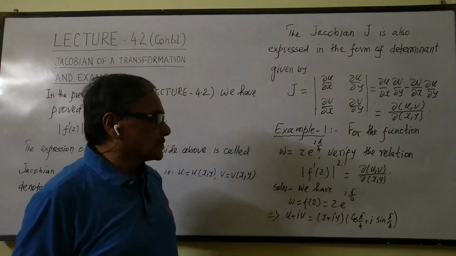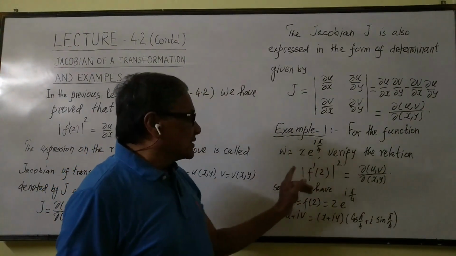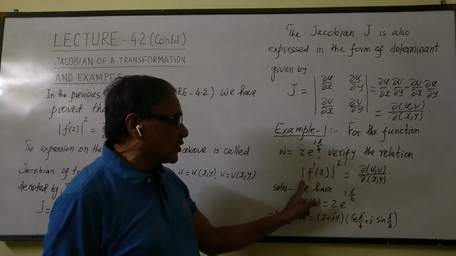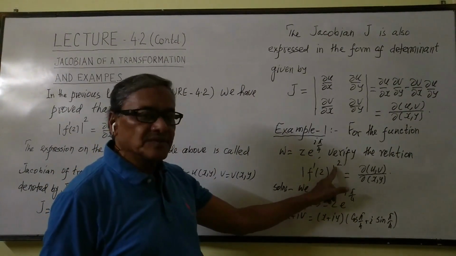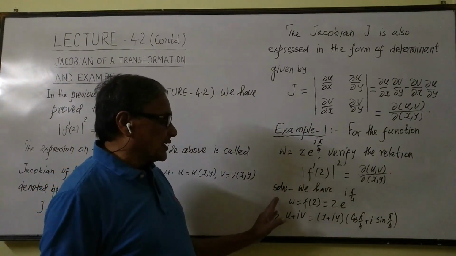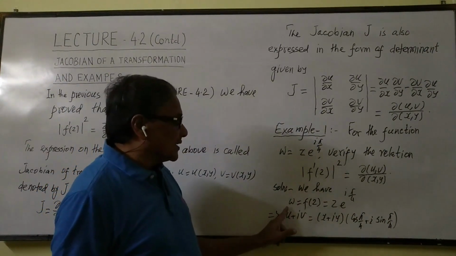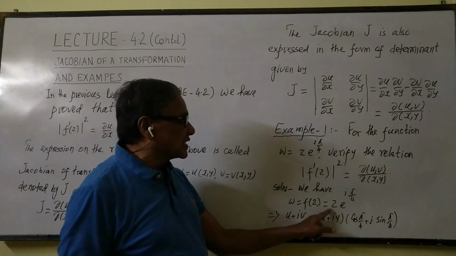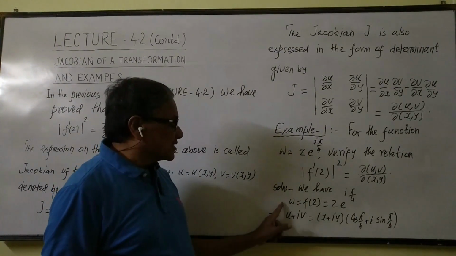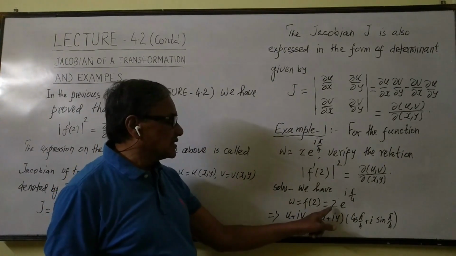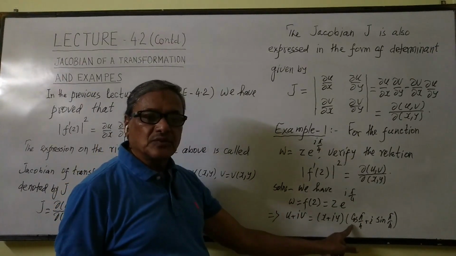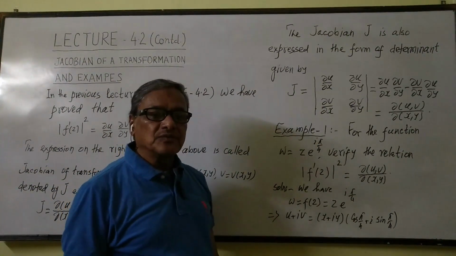Example number 1. For the function w equal to z to the power i pi by 4, verify the relation mod f dash z square is equal to del u v upon del x y. Its solution is, we have w equal to f z, that is equal to z to the power i pi by 4. So w is u plus iv, z is x plus iy, and e to the power i pi by 4 will be cos pi by 4 plus i sin pi by 4.